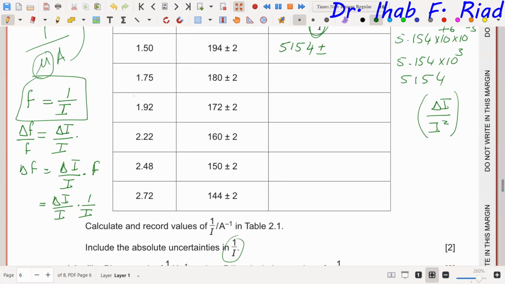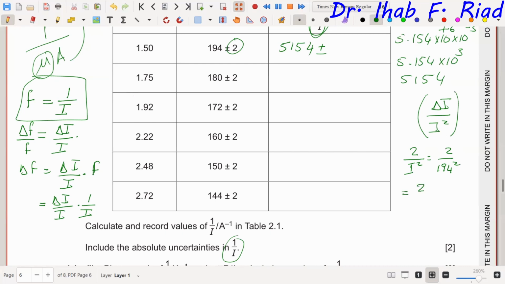So now we say delta I is 2, divided by I squared, which is 5154 squared. So it is going to be 2 divided by 194 squared. Now we check just the units.